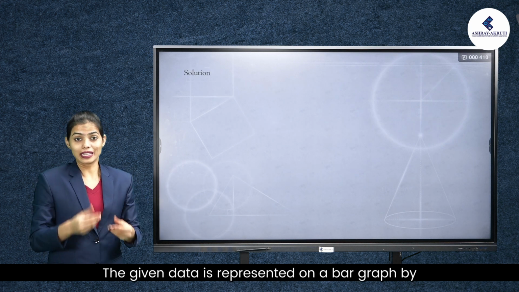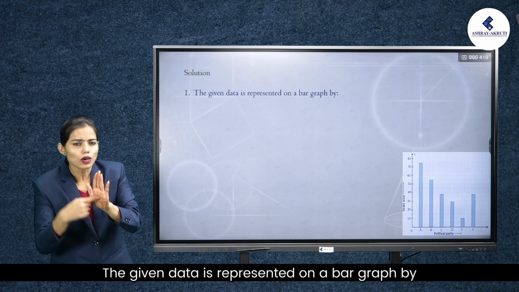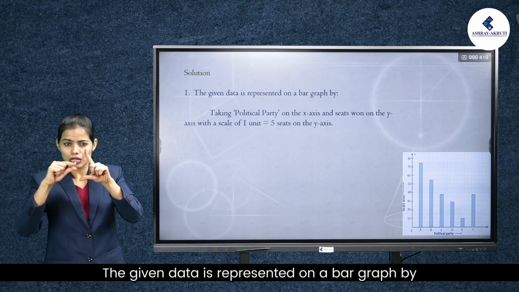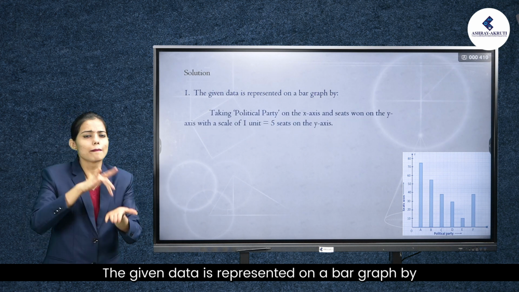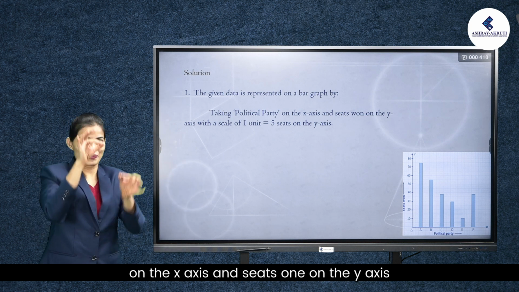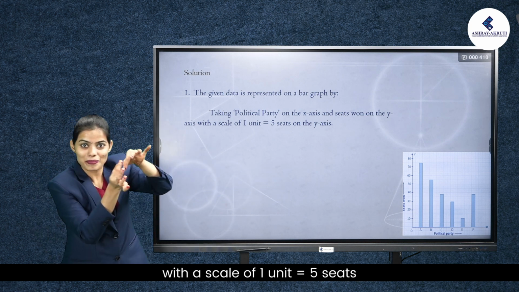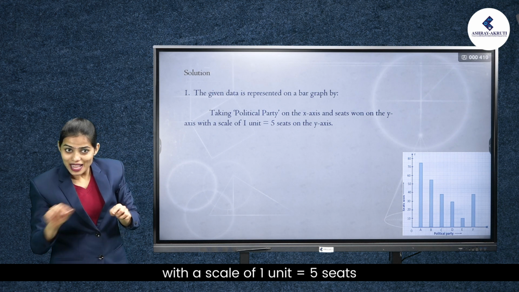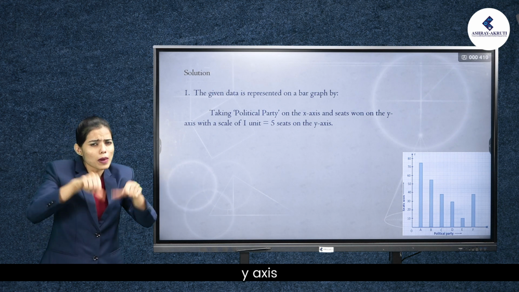Solution. The given data is represented on a bar graph by taking political party on the x-axis and seats won on the y-axis with a scale of 1 unit equal to 5 seats on the y-axis.